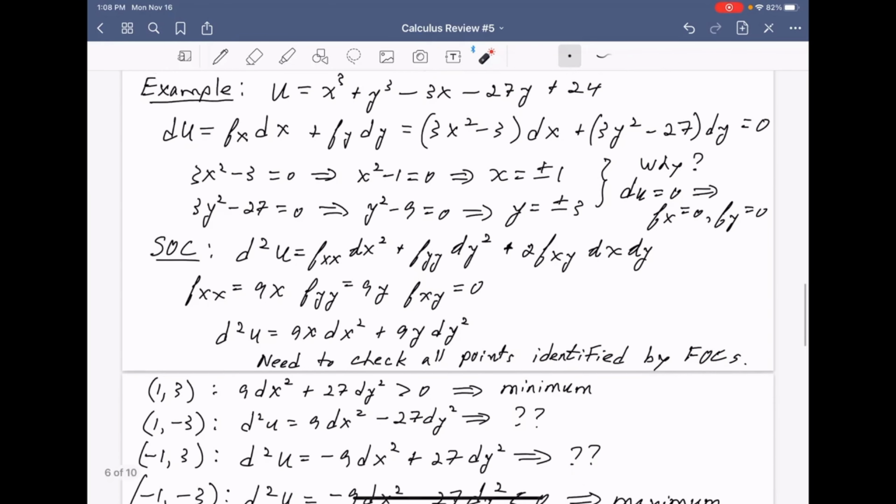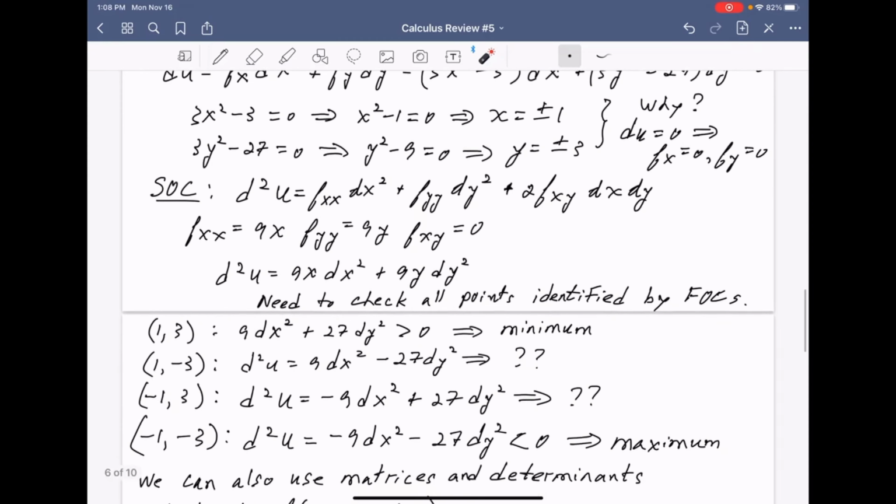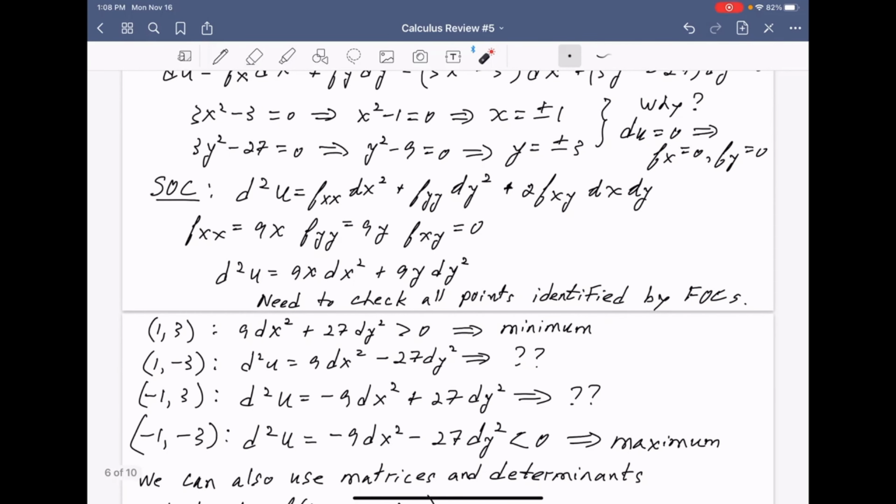So let's look at x equal to 1 and then y equal to 3 and y equal to minus 3. We look at 9 dx squared plus 27 dy squared, and it turns out to be greater than 0, because this is a positive term and that's a positive term because of the squared. So we have a minimum at that point because it's greater than 0.